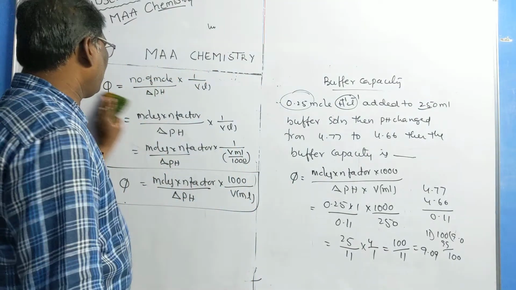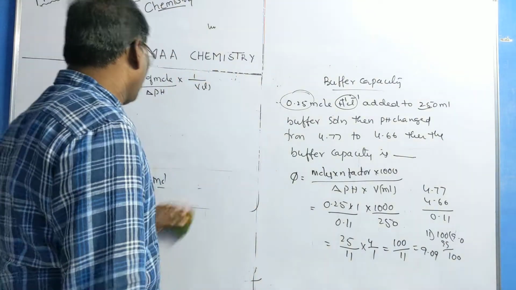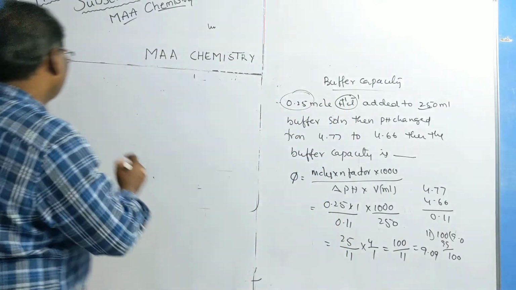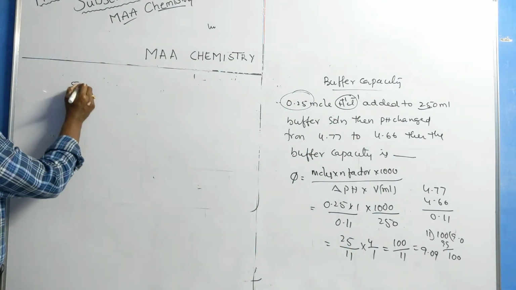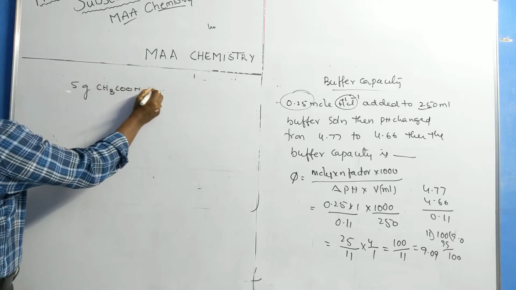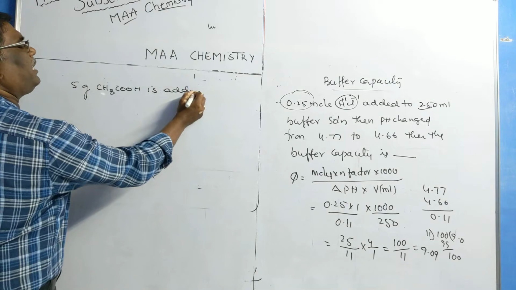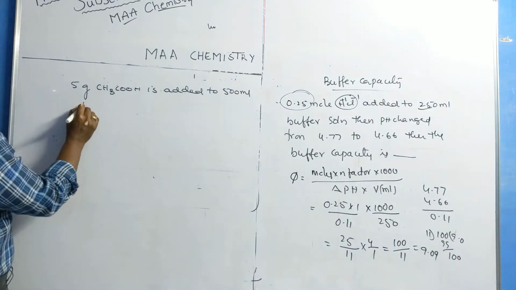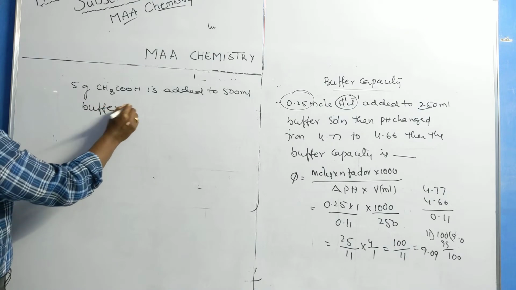Now I am giving another problem. 5 grams of acetic acid is added to 500 ml of buffer solution.